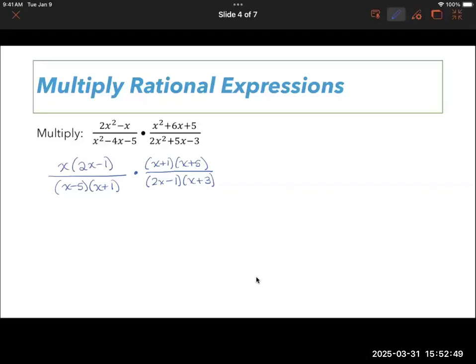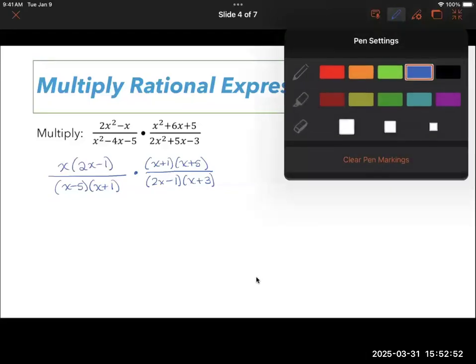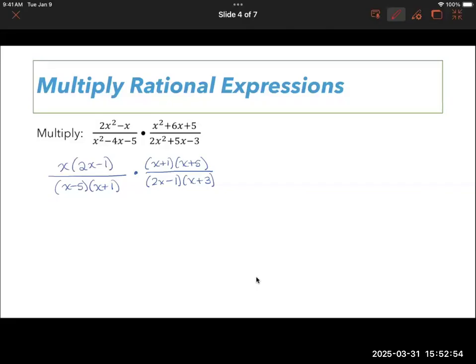Okay, so now that we have everything in factored form, now we can look for common factors that are either in the same rational expression, so in the numerator and the denominator of the same expression, which can be canceled, or going across numerators and denominators of different rational expressions.